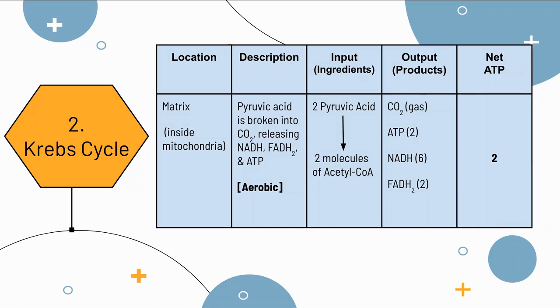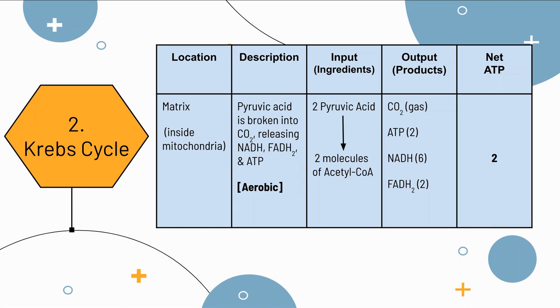The input is going to involve taking those two molecules of pyruvic acid that were produced during glycolysis and transforming them into two molecules of acetyl CoA. Those two molecules of acetyl CoA are going to jumpstart the Krebs cycle. Pyruvic acid does not enter the Krebs cycle.